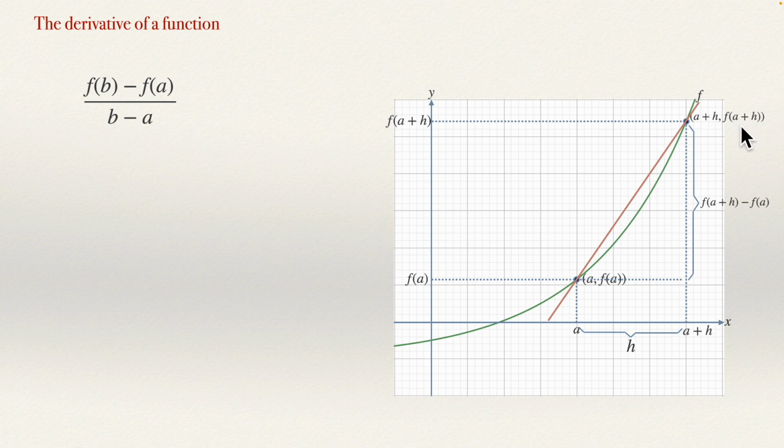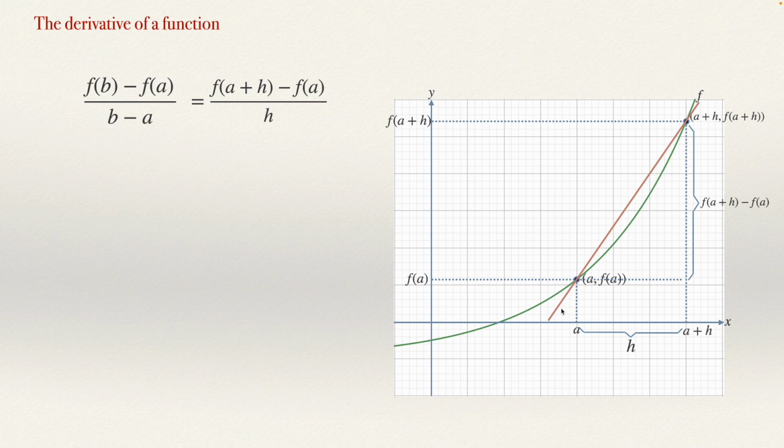So in this case it will be f of a plus h minus f of a, divided by h. So this is actually the slope. So the average rate of change is the slope of the secant line.